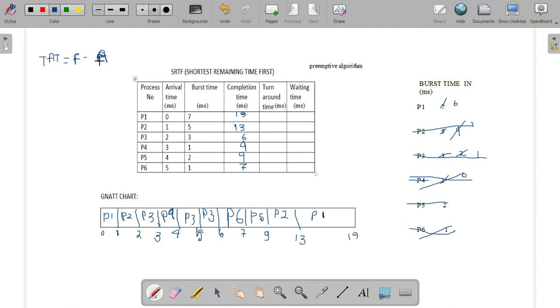So the turnaround time for process P1 is 19 minus 0, that is 19. For process P2 it is 13 minus 1, 12. For process P3 it is 6 minus 2, that is 4.